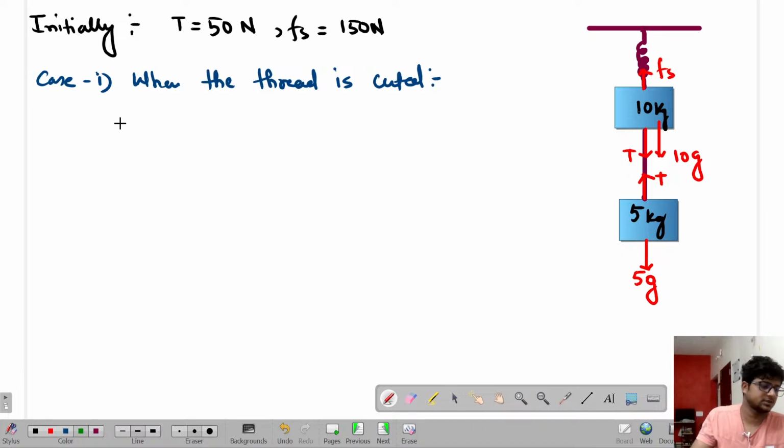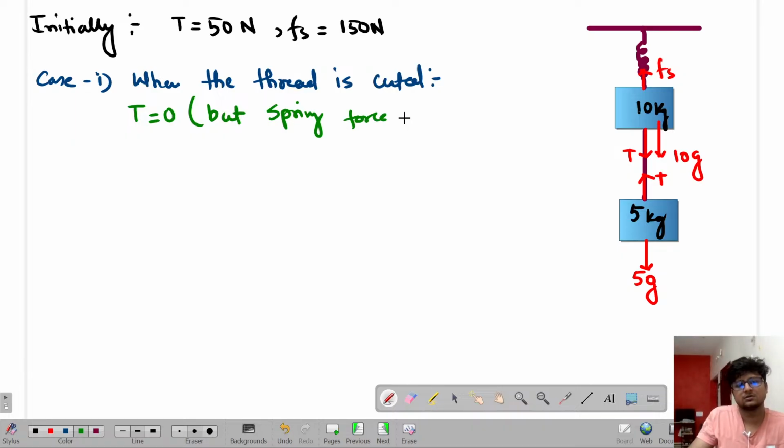Tension will become 0. Correct. But again, spring force will not change instantly. Correct now?